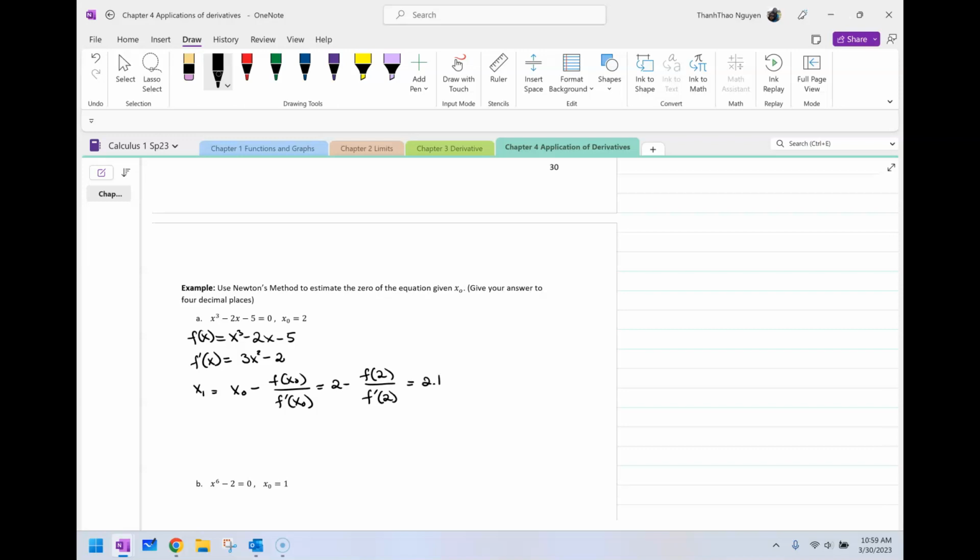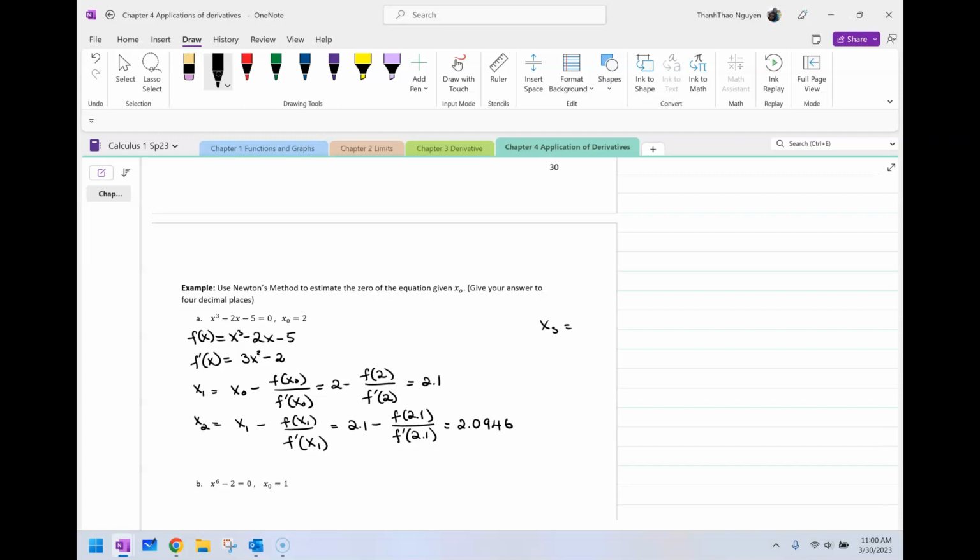This equals 2.1. x2 equals x1 minus f of x1 divided by f prime of x1. That equals 2.1 minus f of 2.1 divided by f prime of 2.1. This equals 2.0946.